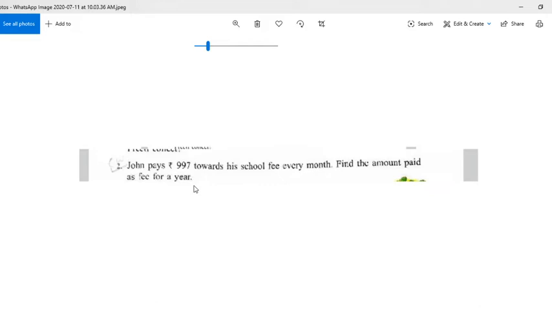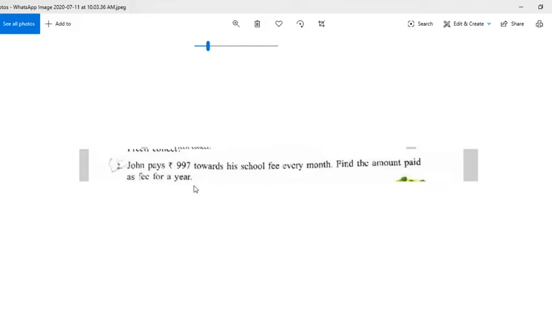Children, do you know how many months are there in a year? There are 12 months in a year. Each and everyone knows that? Okay. So 1 month fees is given and we have to find fees of 12 months. We have to find fees of 12-month or annual fees. Now, children, I am giving you the time for noting down the question.